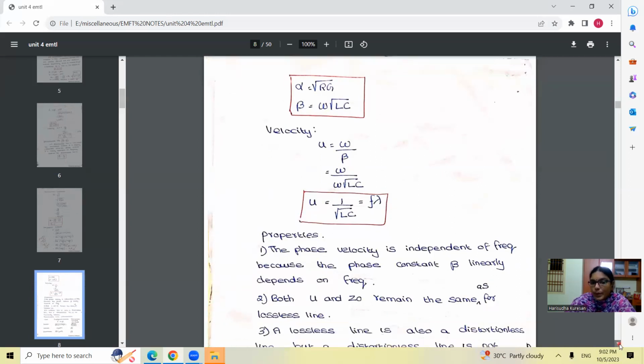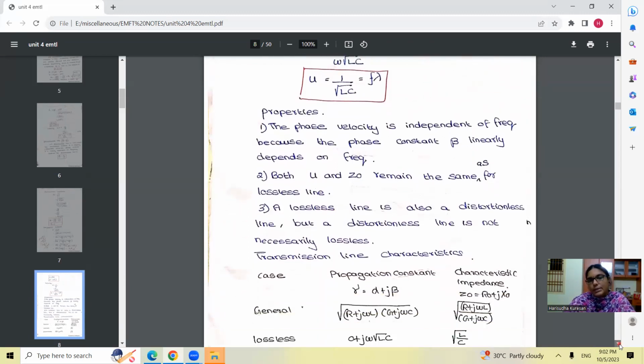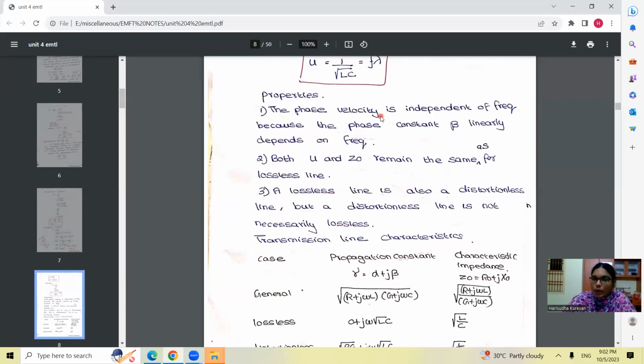So we have seen two special cases. One is the lossless line and the other one is the distortionless line. So what are the properties of both these we'll see. The phase velocity, what you got, the phase velocity v, is independent of frequency because the phase constant beta is linearly dependent on the frequency.